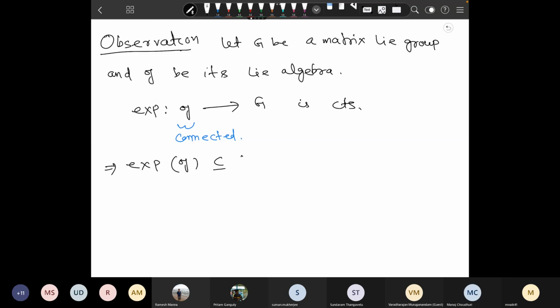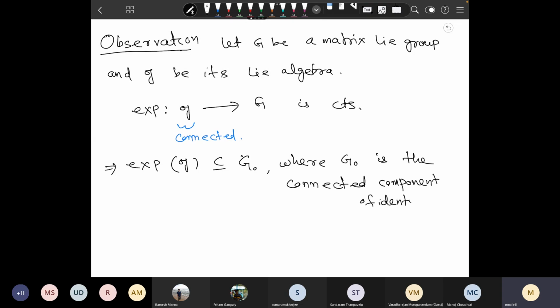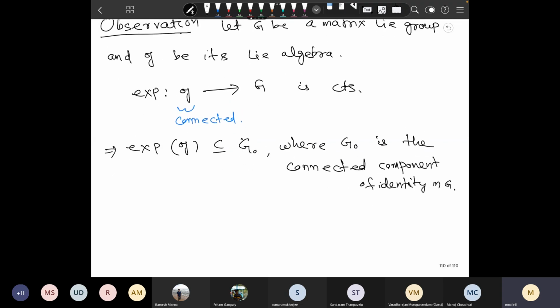Since the exponential map is continuous and the Lie algebra is connected, the exponential of 𝔤 will lie inside a connected component of G. Now the exponential of 0 is the identity, so it will lie inside G naught, the connected component of the identity in G. Also one can check that G naught is a Lie group, because G naught is closed in G, and by Cartan's theorem G naught is also a Lie group.